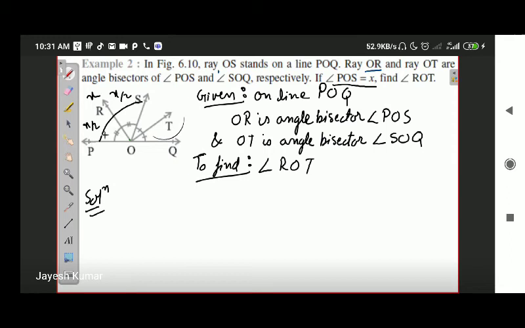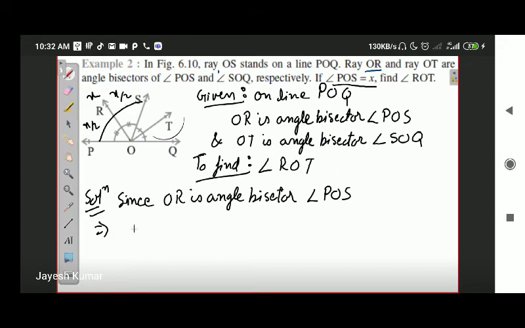Let's see. First of all, we will start with what is given to us. Since OR is angle bisector of angle POS, that means angle POR equals angle ROS equals x upon 2.